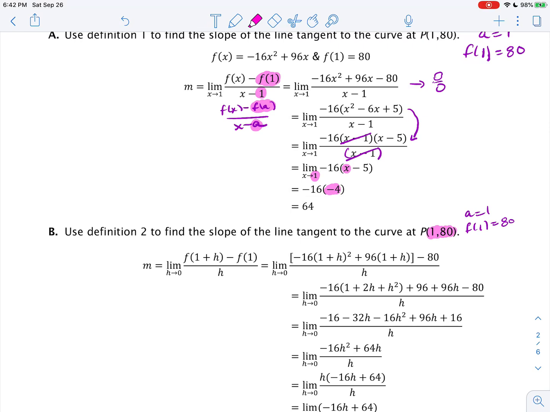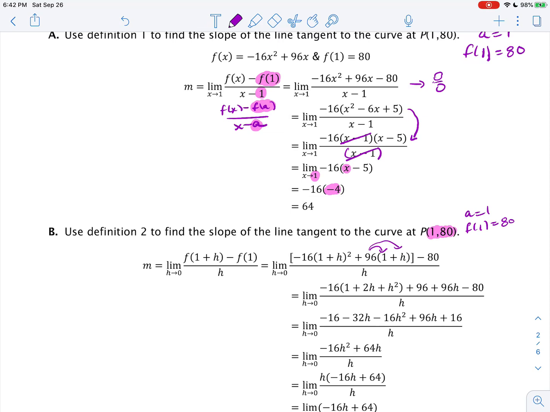We then want to expand the (1 plus h) squared. That is not 1 squared plus h squared, people. That is (1 plus h) times (1 plus h), which ends up being, if you use the FOIL method, 1 plus 2h plus h squared. And then if we just distribute the 96, 96 times 1 gives me 96, and 96 times h gives me plus 96h minus 80.